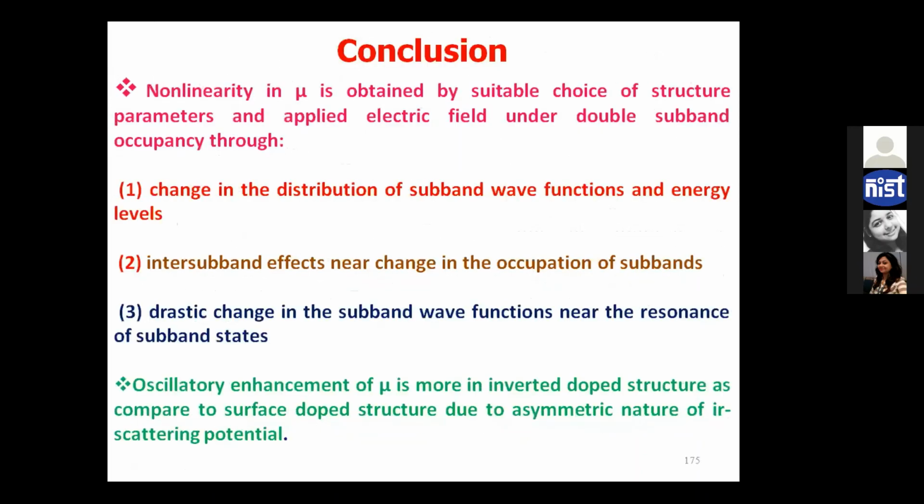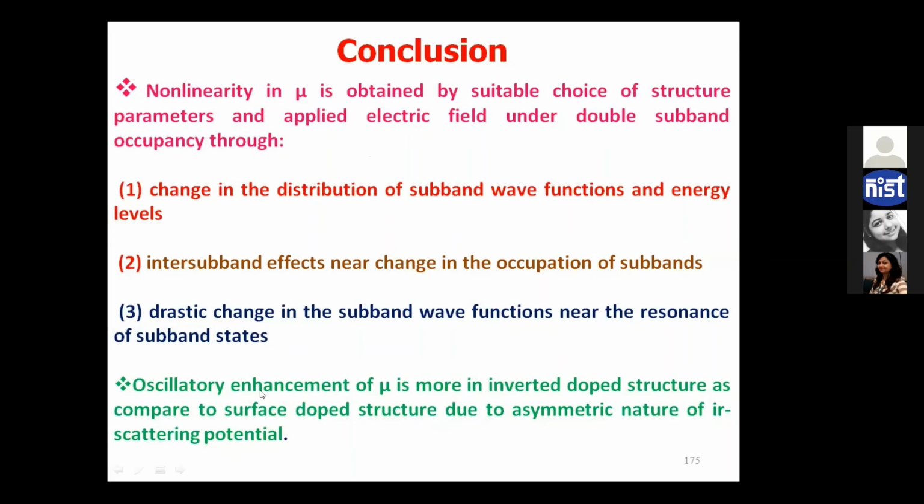So overall, we first discussed nonlinearity in mobility, which is obtained by suitable choice of structure parameters and also by applying electric field in a double subband occupancy. We can modulate that nonlinearity through change in the distribution of subband wave functions and energy levels, and inter-subband effects near change in the occupation of subbands, and there is a drastic change in the subband wave functions near the resonance of subband states.